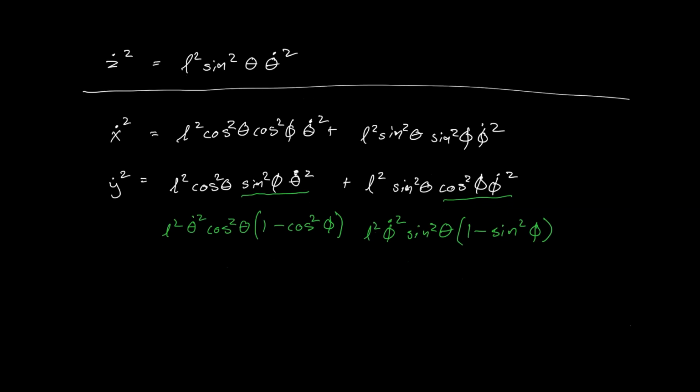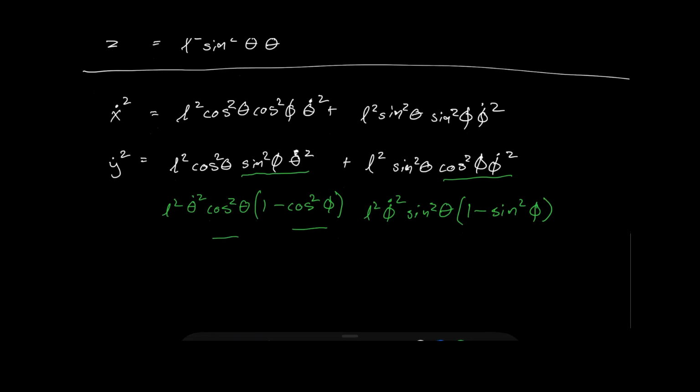Now, if we expand that, with this term, we get an L squared theta dot squared cosine squared theta. This is a minus cosine squared phi. And you can see this term cancels out with this first term in the x dot.